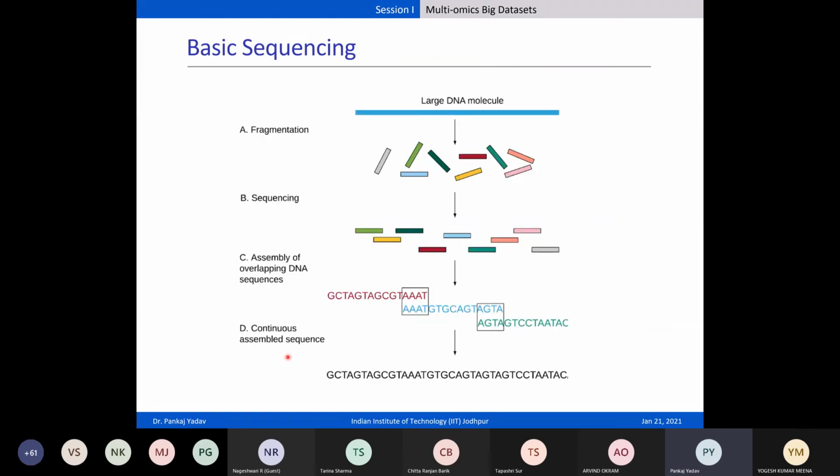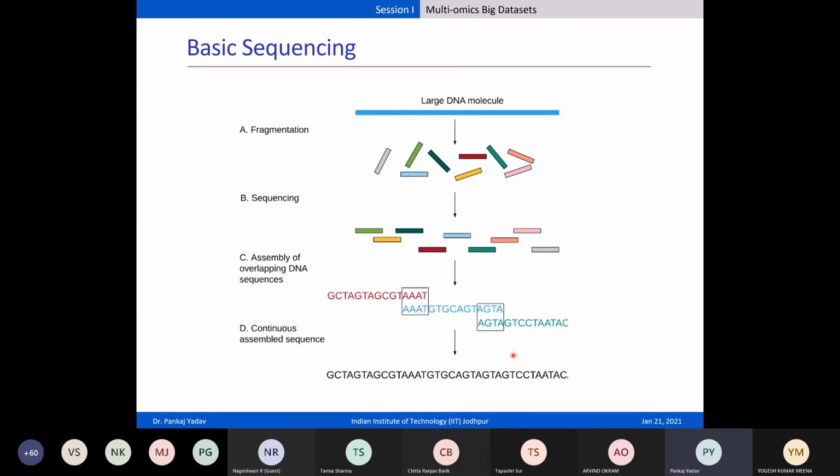So this is again some repetition, or you can say a revision, from the previous session, where it shows you how the sequencing is done. You basically start with this large DNA molecule, and then you fragment it into small pieces, targets, and then you sequence these small pieces, and then you perform the assembly, right?